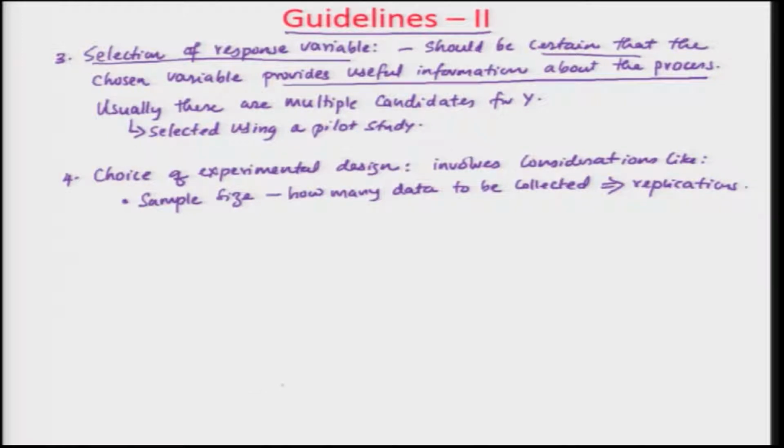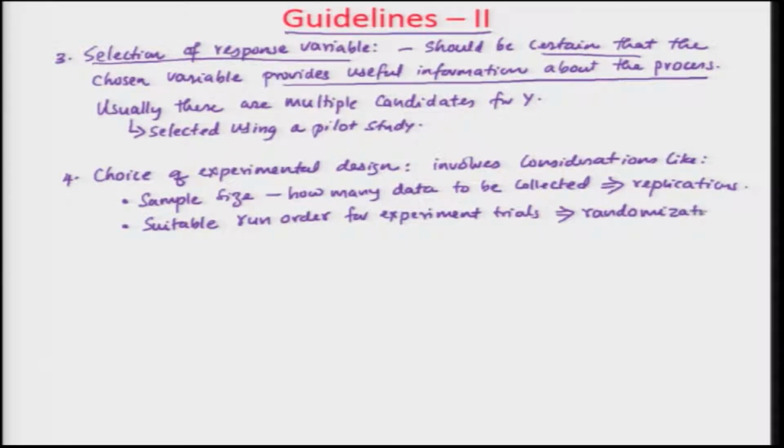The second one is a suitable run order for experiment trials. We have to decide in which order you are going to collect the data. This translates to what we call randomization. And then the last one is determination of blocks, or what we call blocking.